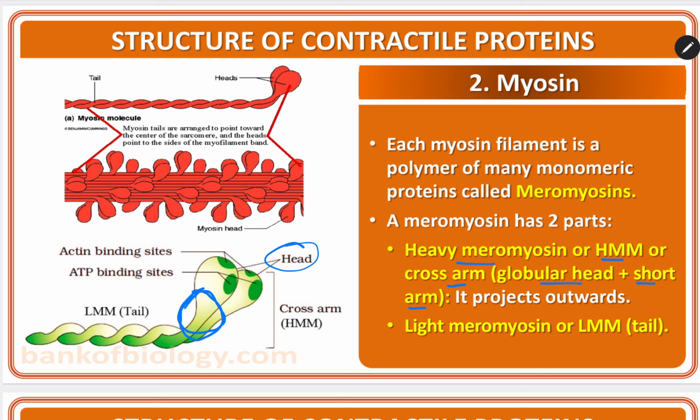It projects outward. Then light meromyosin or LMM, the tail portion. These are the two parts of the meromyosin, HMM and LMM.